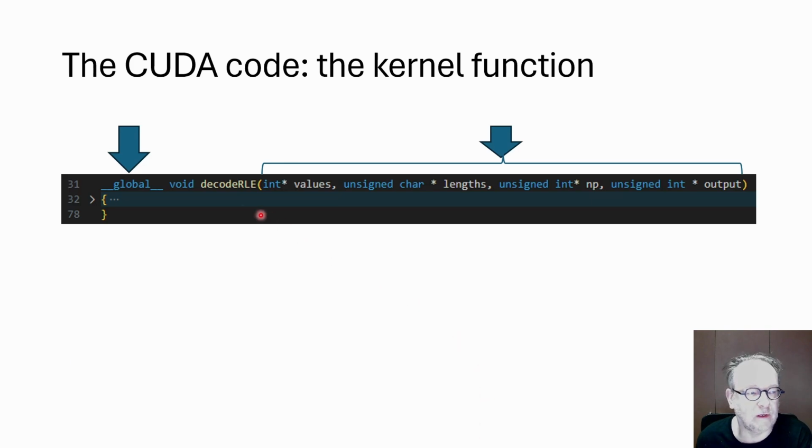The function decode RLE. It has the 4 parameters that are passed to it. So the 3 input values and the place where to put the output. Each of these pointers is actually pointing to shared or at least synchronized memory. Note that the prefix here, global, is the indication that this is a function defined to run on the GPU.